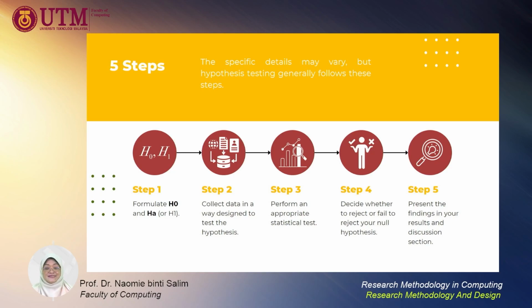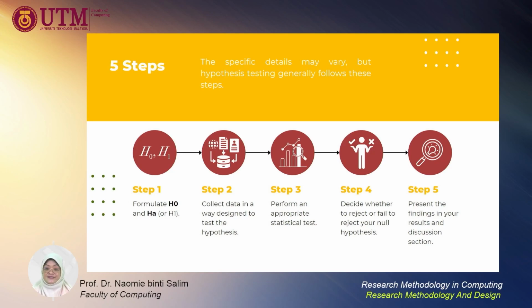In hypothesis testing, there are basically 5 steps, which may vary in different experiments but generally follow these steps. The first step is to formulate your null hypothesis and the alternative hypothesis. Then you have to collect data in a way designed to test your hypothesis. In the third step, you perform appropriate statistical tests on the data that you have collected.